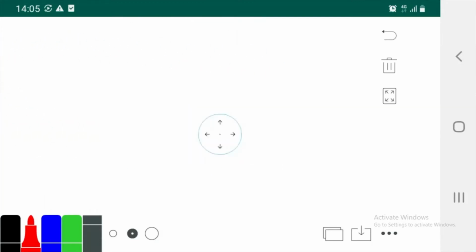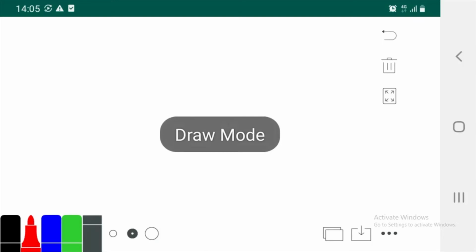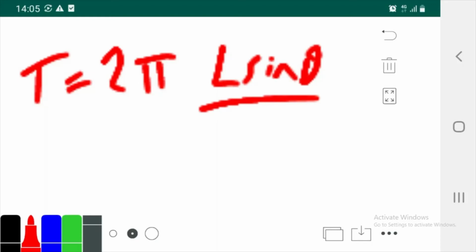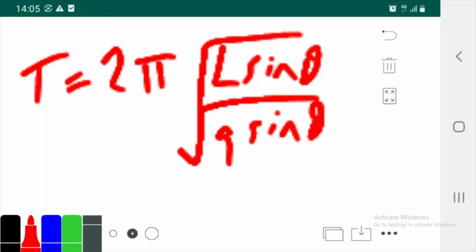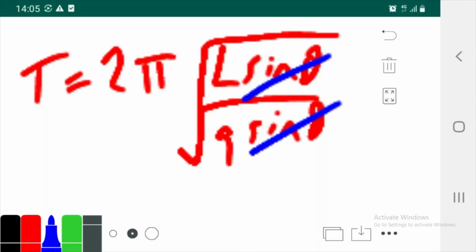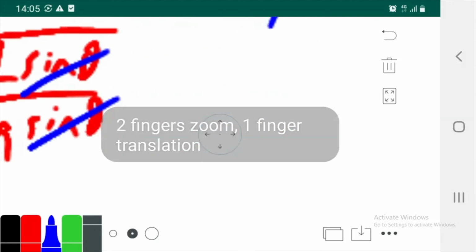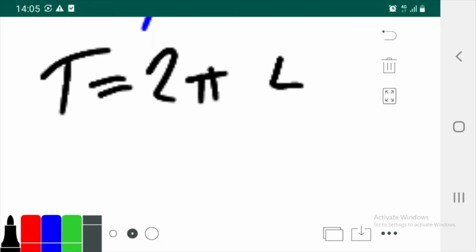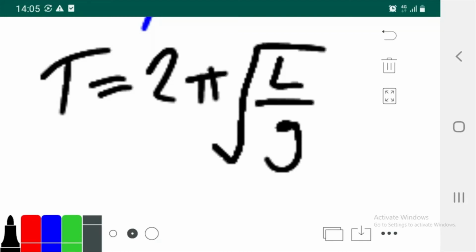And I'm going to end up with T equals 2 pi. x was L sine theta. a was g sine theta. All that was square root. The sine thetas cancel. And finally, we're left with a beautiful equation. Let's make it in black. T equals 2 pi, L over g, square rooted.